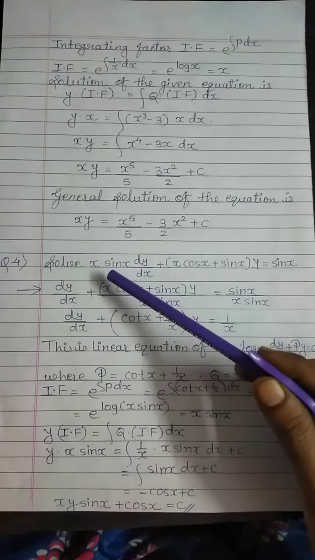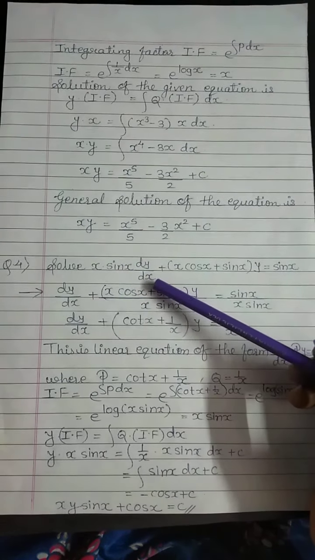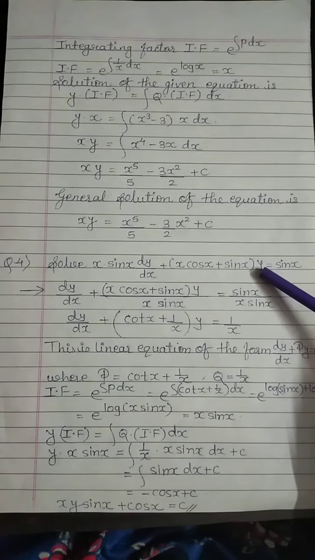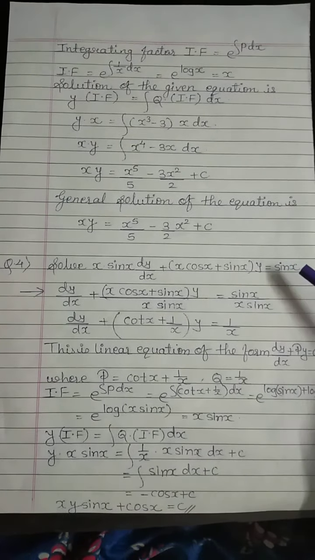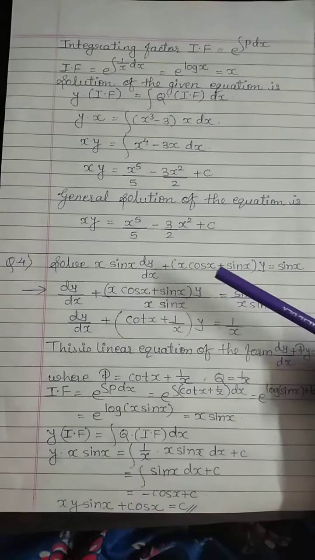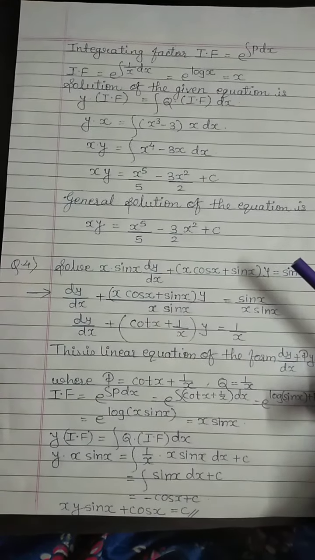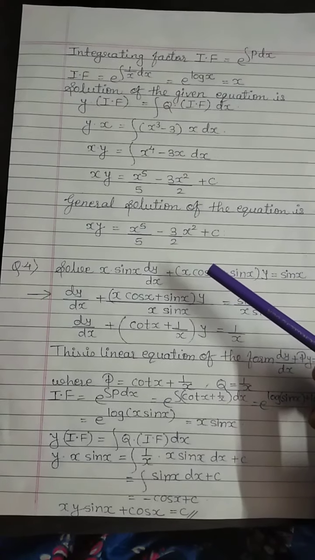Solve x into sin x dy by dx plus x cos x plus sin x into y is equal to sin x. Now to get the linear format, we need to divide the entire equation by x into sin x.